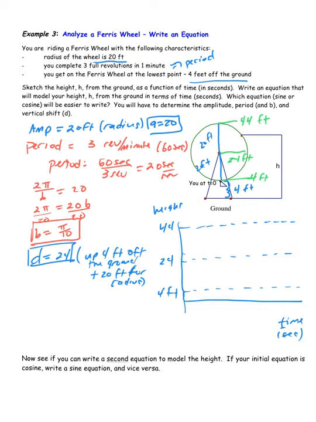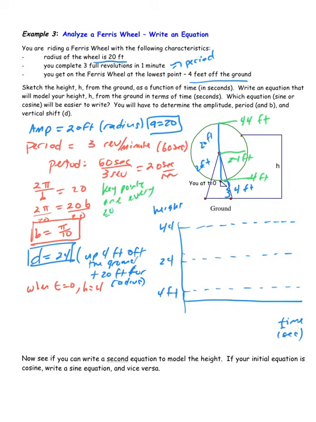Okay, so we're told that when t equals 0, we get on at the bottom of the wheel. So when t equals 0, h equals 4. That's where we get on the wheel. So I'm going to put some points on my graph. Since the period was 20 seconds, I'm going to put up here that key points are every quarter period.